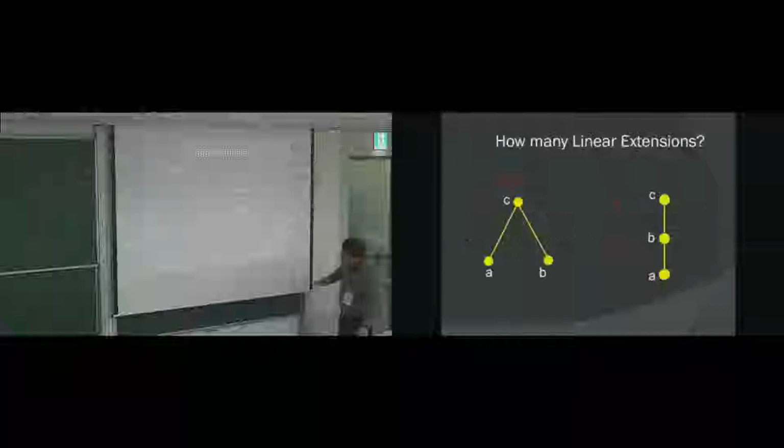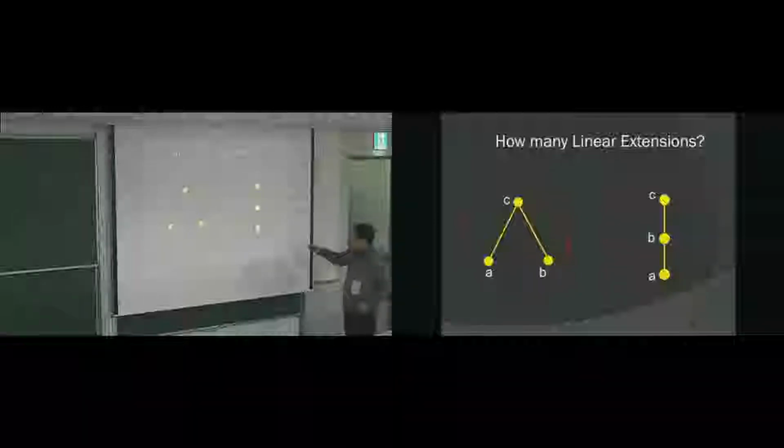We use the notation L(P) for the set of all linear extensions of P. For example, for this one, this linear order and upside down, B here, A here, that's L of this partially ordered set.